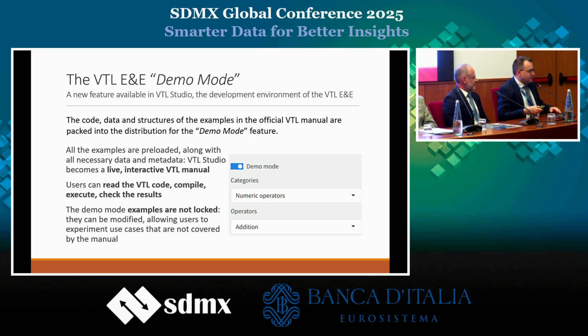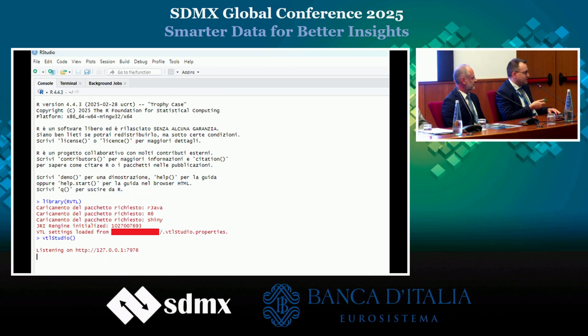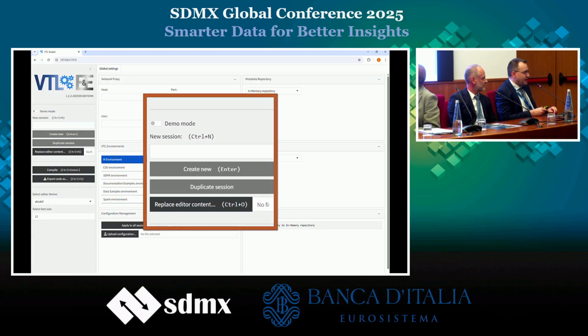So let's have a look at the implementation of this new feature. After we start VTL Studio from an R session, we are presented with the main screen, and the demo mode is simply activated by a switch.